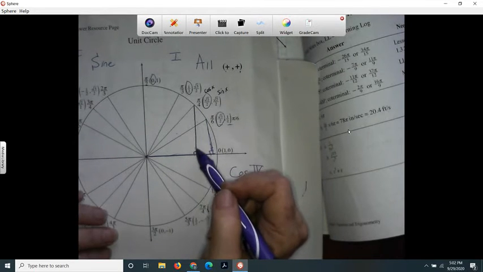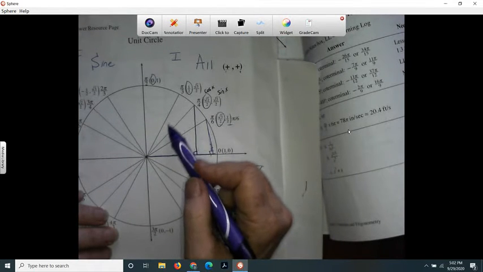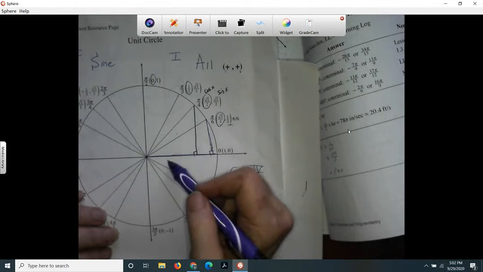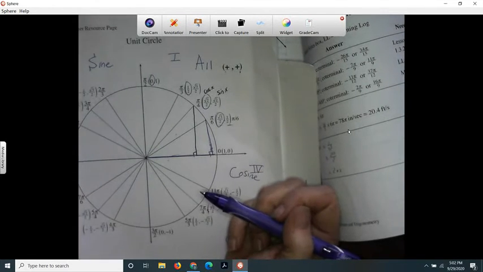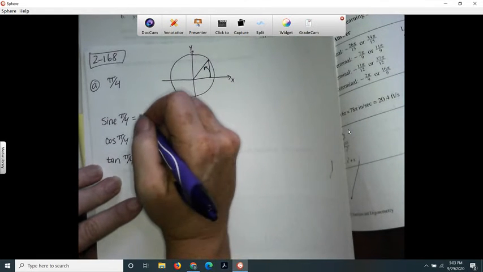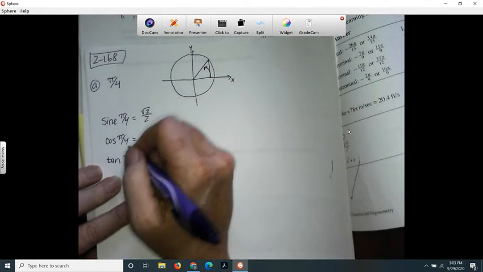Anyway, these side lengths, because this is hypotenuse of 1, these side lengths end up being root 2 over 2. Okay, and that's all sine is, it's a side length. It's this height right here. So I'm just going to say it's root 2 over 2. And cosine was also root 2 over 2 because it's an isosceles.